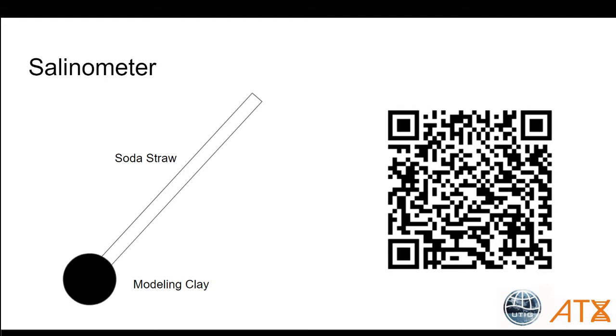You can also build an electronic one, since the conductivity of a solution changes depending on how saline it is. You can put together an Arduino that measures the conductivity of a solution, and test that against reference samples to construct a curve for conductivity. That's another way you can build a salinometer, but this is a super simple way you can do it before a competition.